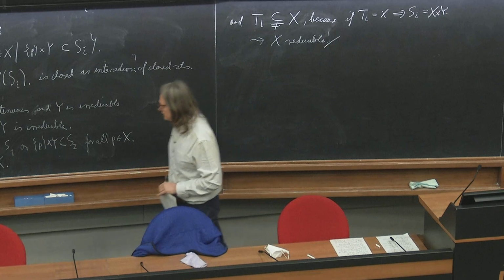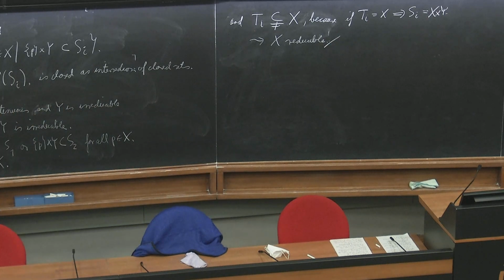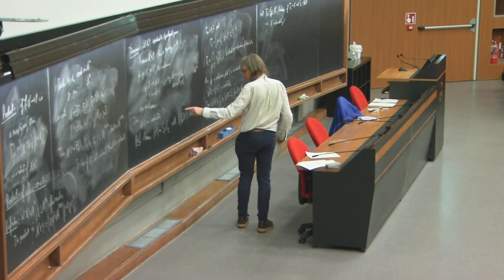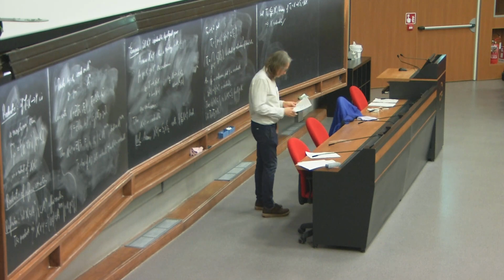And so as we are assuming that X is irreducible, it follows that X times Y had to be irreducible.